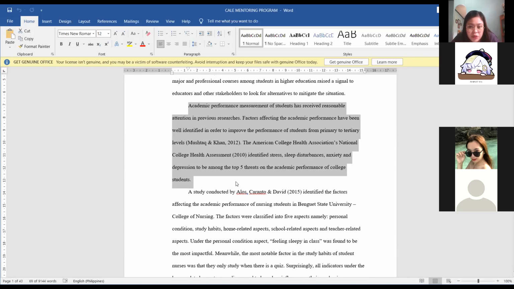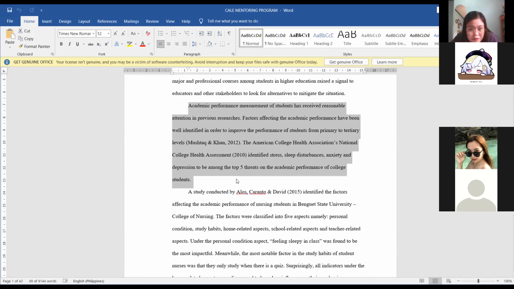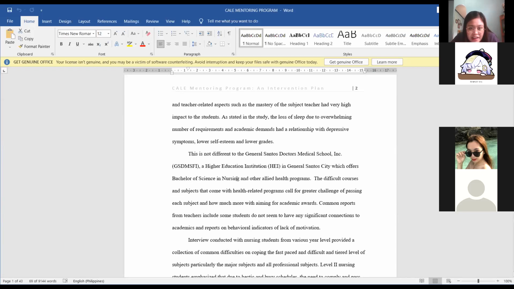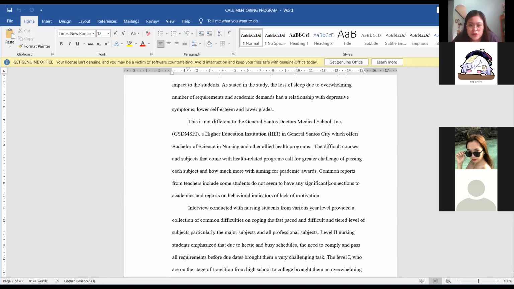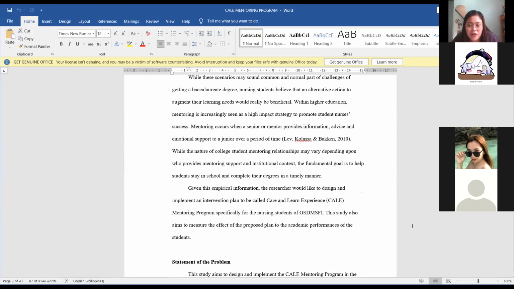So in between gi-expound na ko na unsa ang academic performance, unsang mga factors ang naga-affect ana. And I even, since we cannot really find statistical data about this, so I also discussed here the current situation sa GSD-MSFI, pero this is again for the nursing program. Okay? Medyo mahaba din ito kasi mixed method din ito na study.